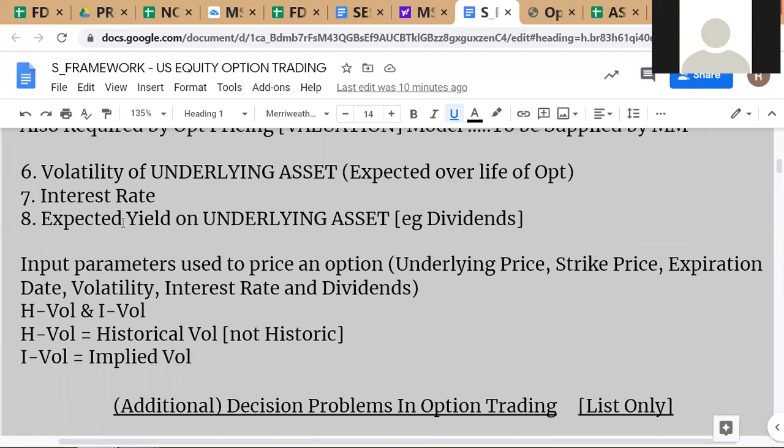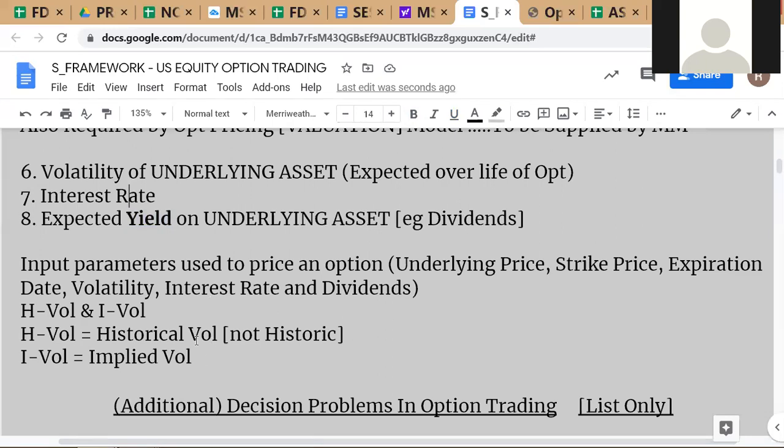Many option pricing formulae focus on stocks, so they directly write dividends. But the more general way is to talk about yield, because the dividend is the yield on the underlying asset. If the underlying asset were a bond, then that would be the coupon rate on the bond.